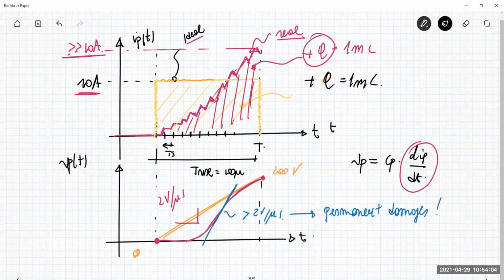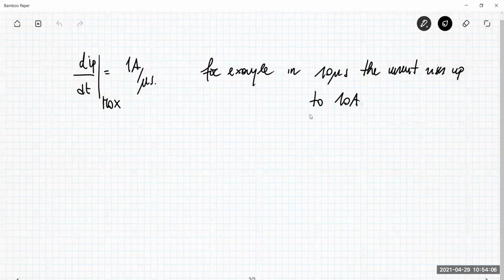In which way can I exploit this fact? I can exploit the maximum slope for the current, but I know that the switching period is 5 microseconds, because I chose 200 kilohertz for the transistor switching frequency. So 10 microseconds are 2 switching periods, 5 plus 5.